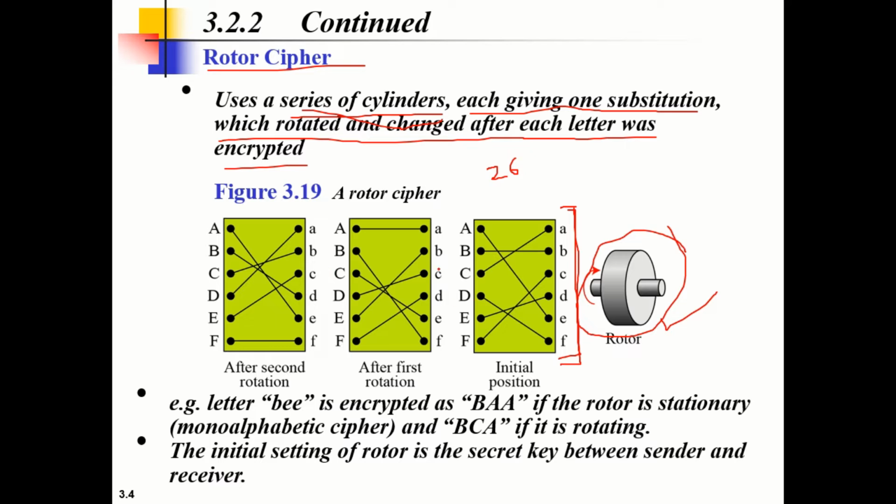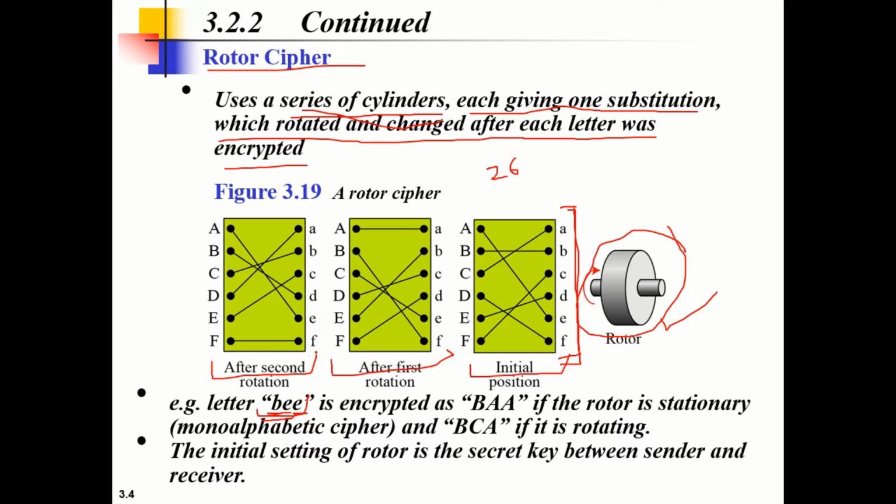For example, here this is the plain text. It has 3 characters. This character will be encrypted using this cylinder, the next letter using this cylinder, and the last letter using this cylinder.